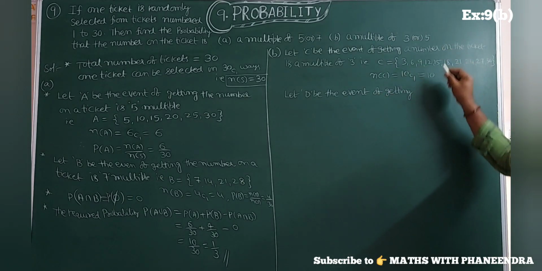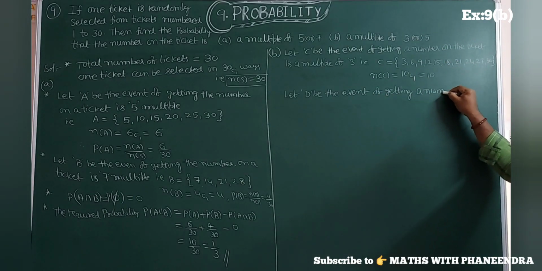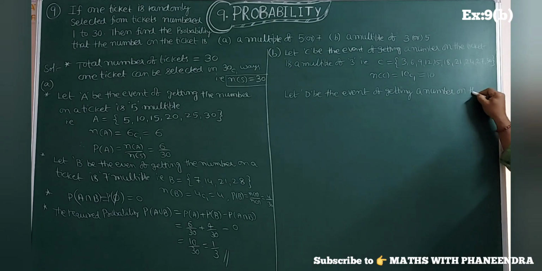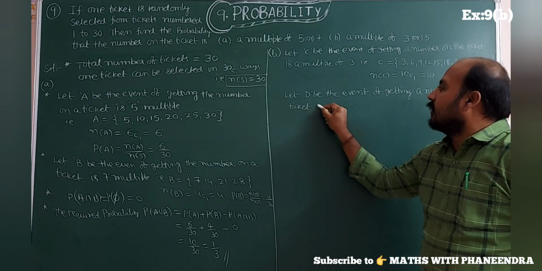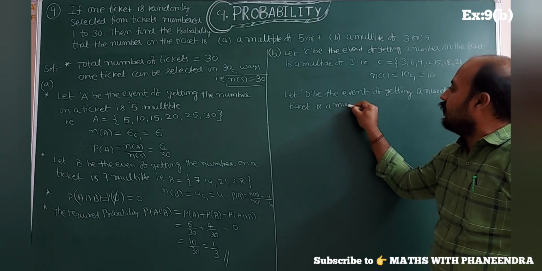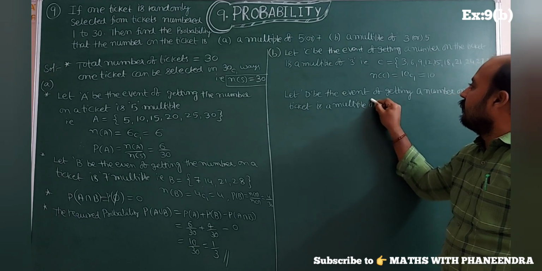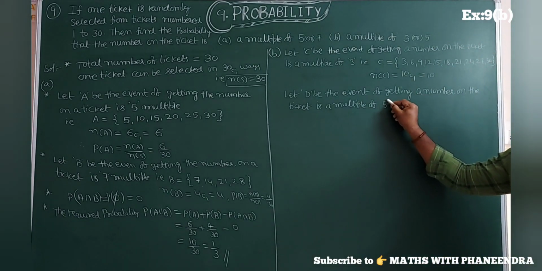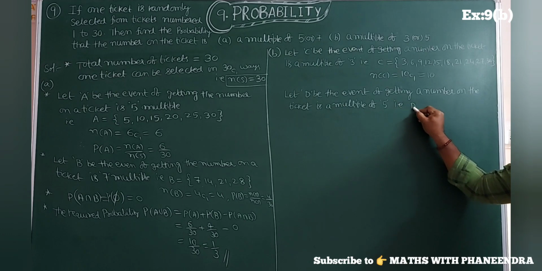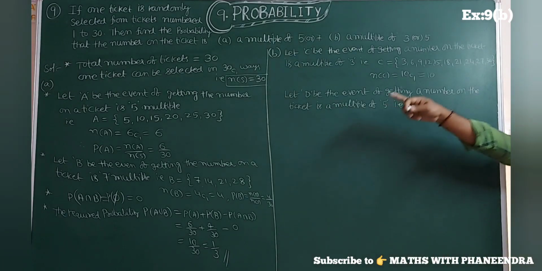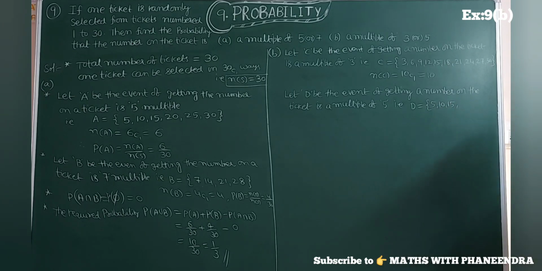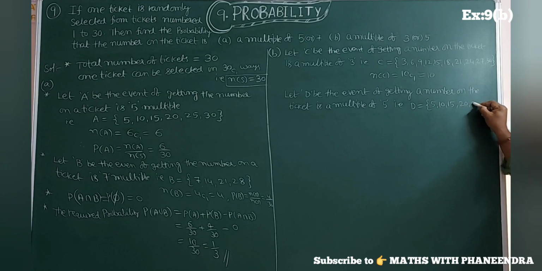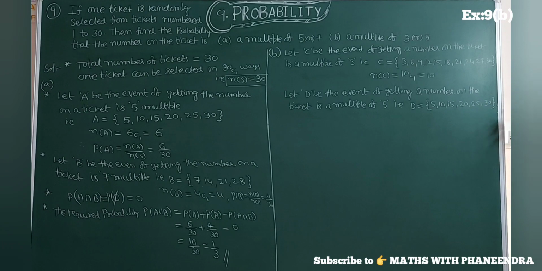So D is equal to multiples of 5: 5, 10, 15, next 20, 25 and 30. 1, 2, 3, 4, 5, 6.